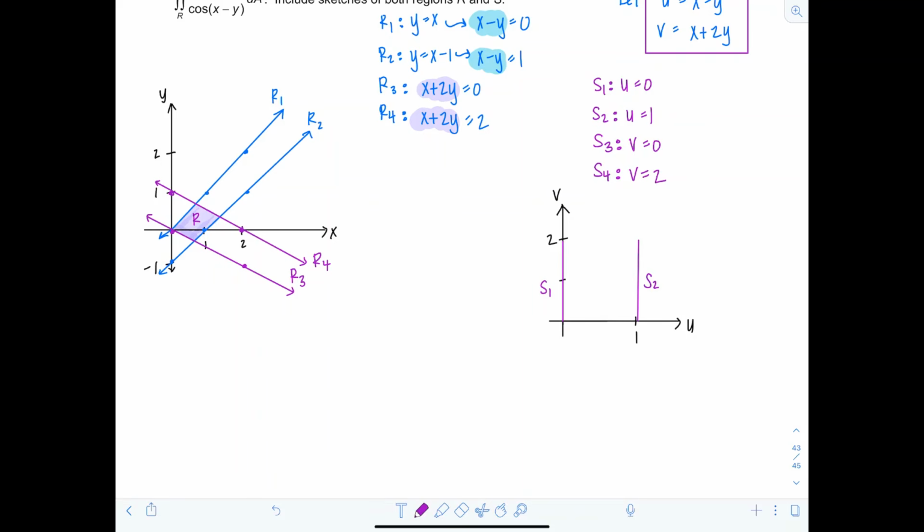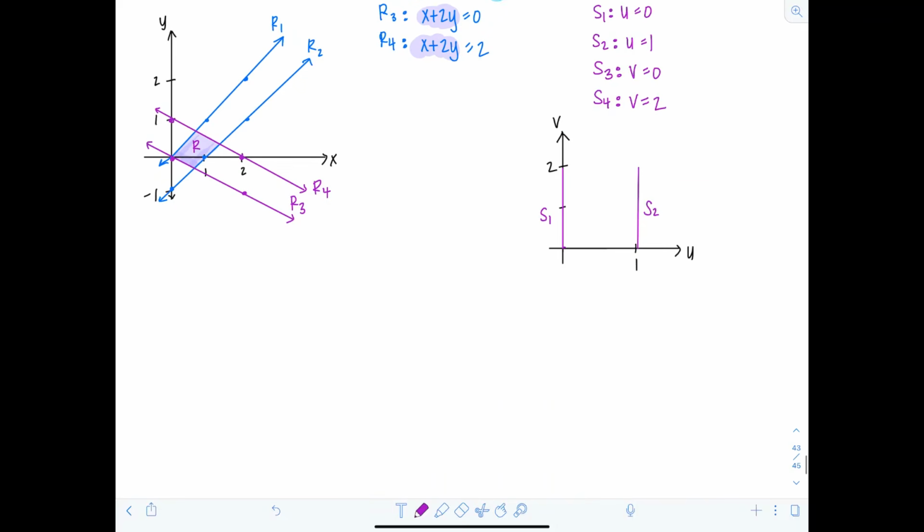S2. Here's v equals 0. S3. And then v equals 2. S4. Here's our region S. I'll shade it in. And it looks good. Yeah, definitely love to integrate over this guy.